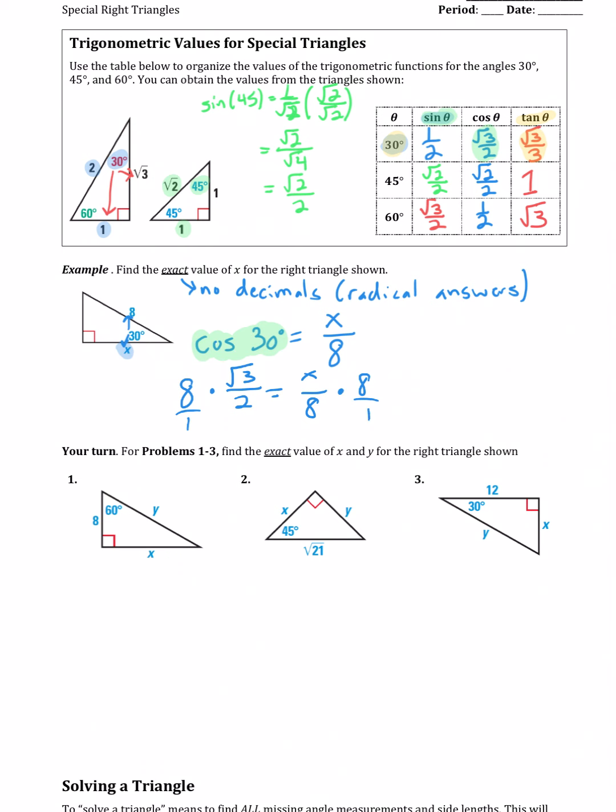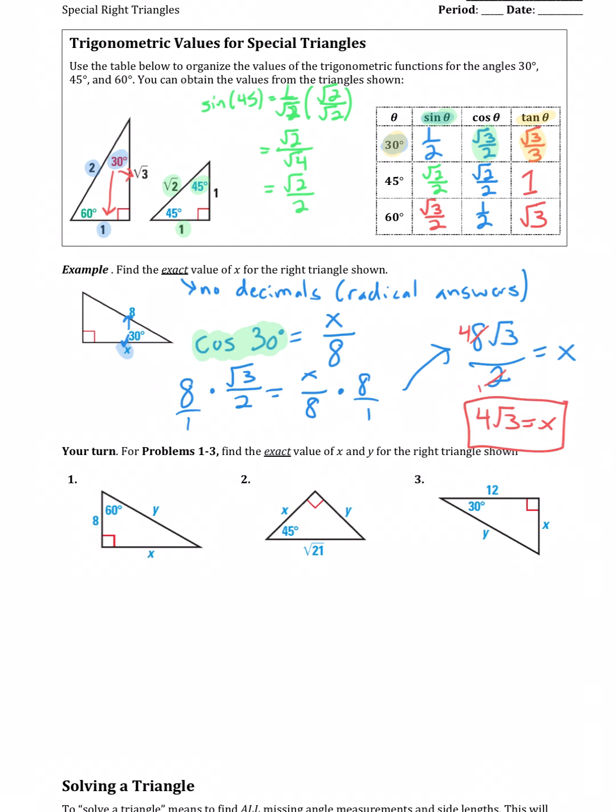So I get 8 times square root 3 over 2 equals x. And then my final step, if possible, is to try and simplify. 8 divided by 2 is 4. So I get 4 square root 3 equals x.